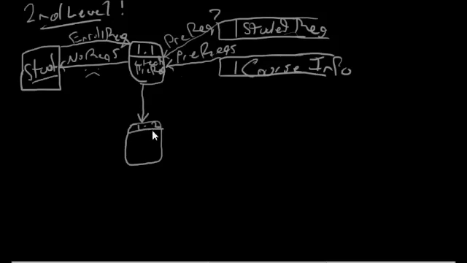That's 1.2. Notice the numbering system. And now we're checking to see if there's actually room. So I was going to put down availability, of course.